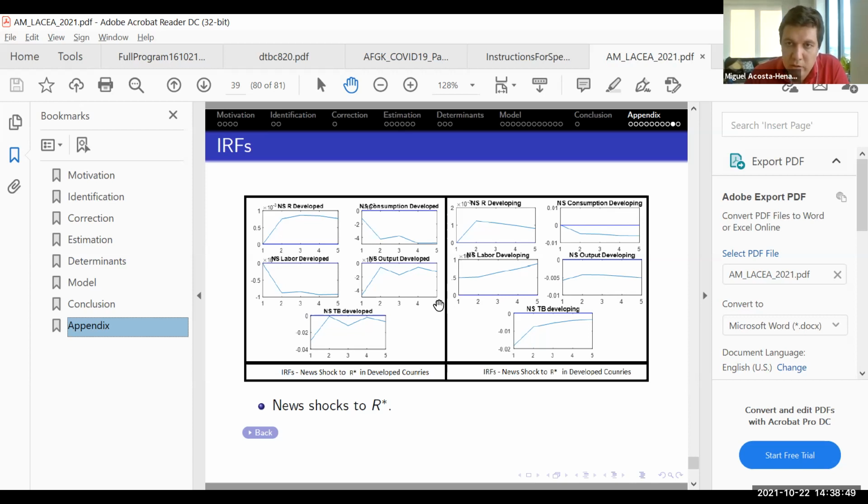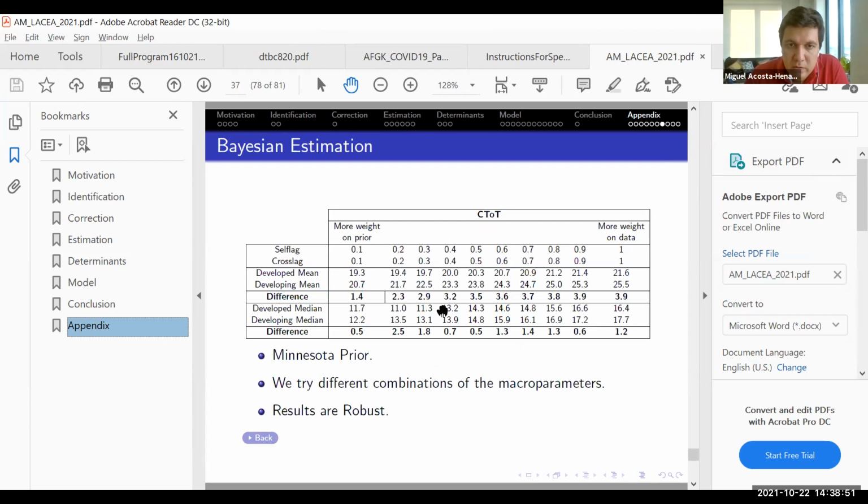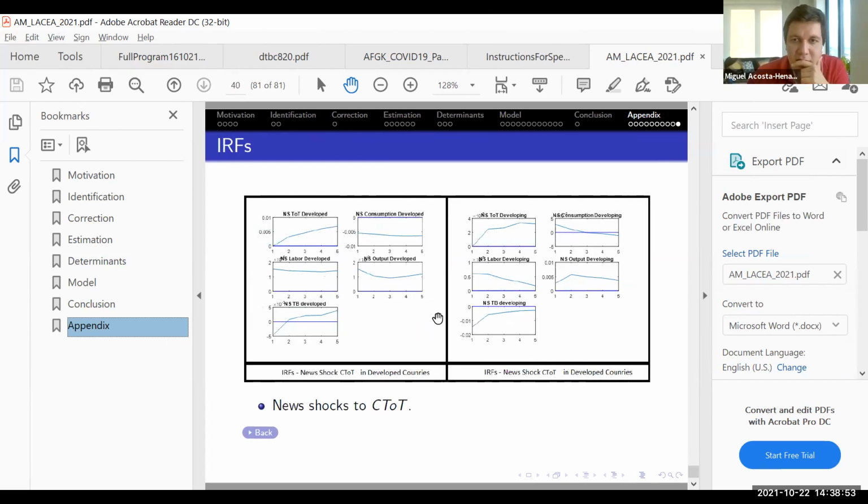For commodities, I don't know if we have it here. I'm sorry, no, I have it here. Yeah, it's expansionary, both in developed countries and also in developing countries. And the point is that these are news shocks. I'm not showing contemporary. So, for example, you have labor responding less in developing.